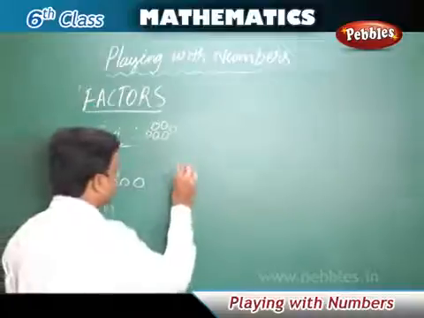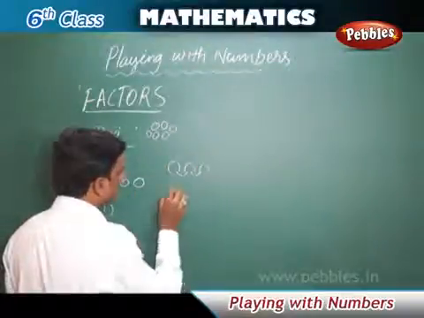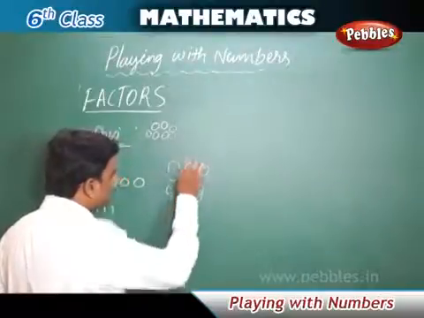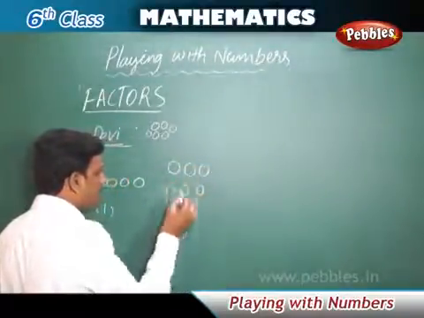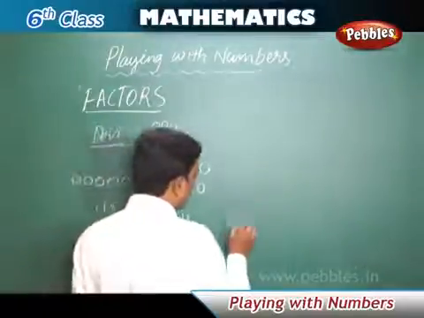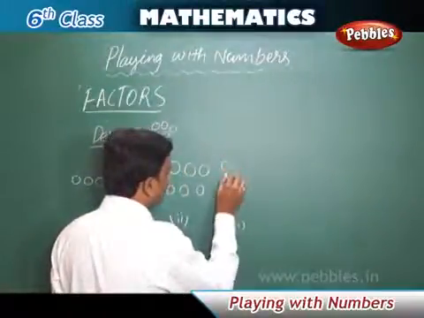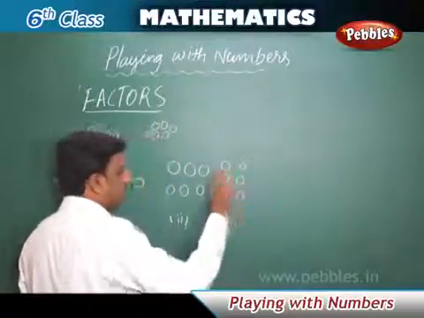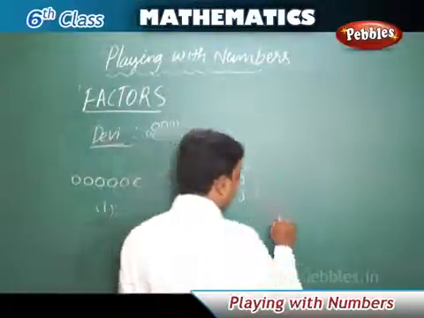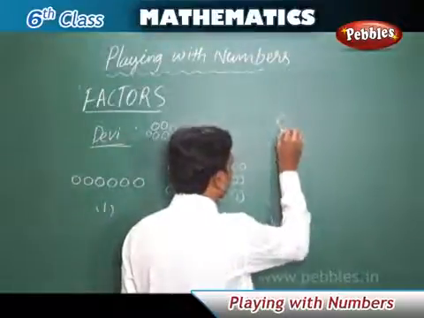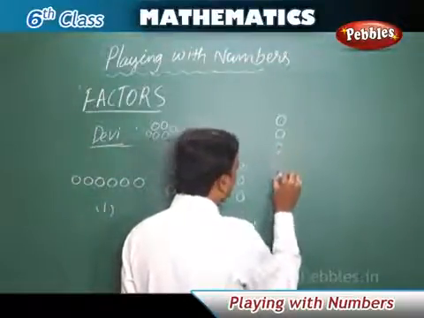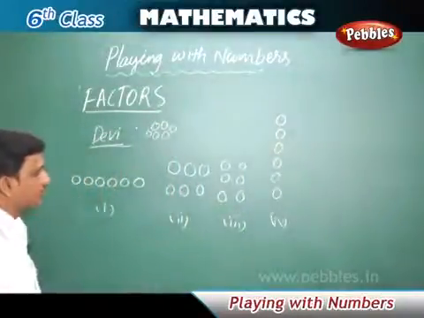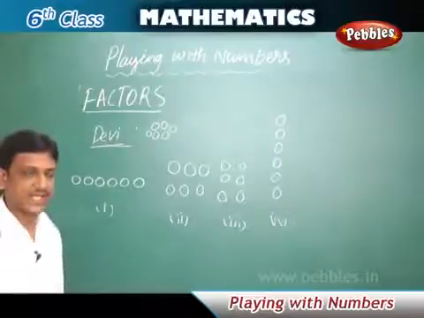Now let us see the second arrangement. In this second arrangement, she arranged in 3 columns, 2 coins per column. And in the third arrangement, she arranged in 2 columns, 3 coins per column, and in the fourth one she arranged all the 6 coins in only 1 column. So these are the 4 patterns in which she arranged the coins.